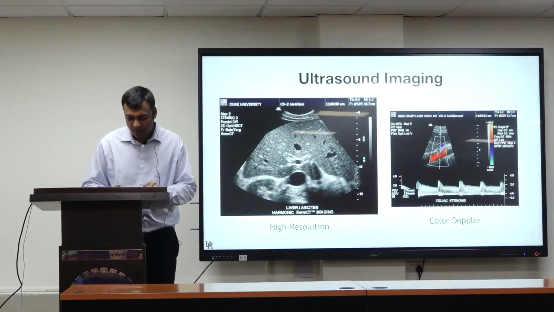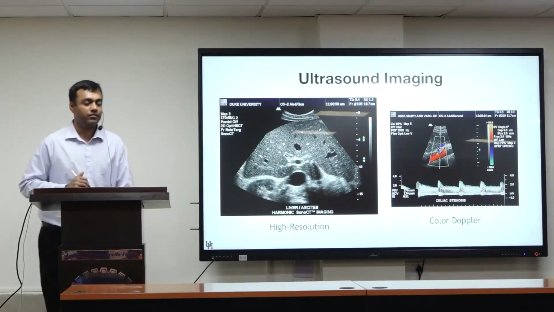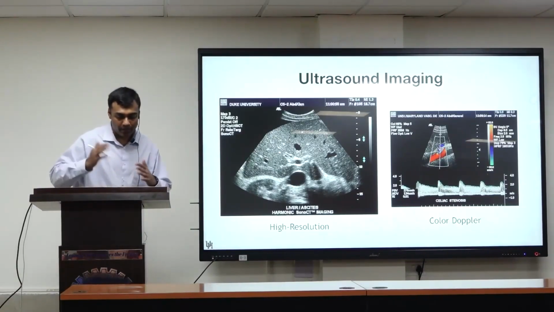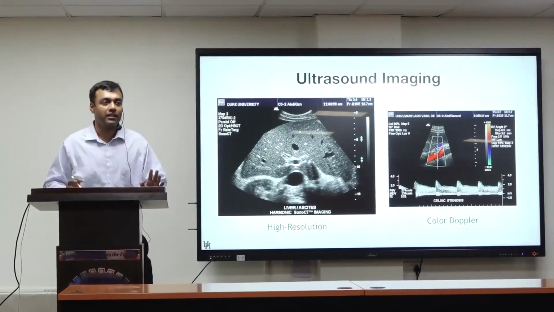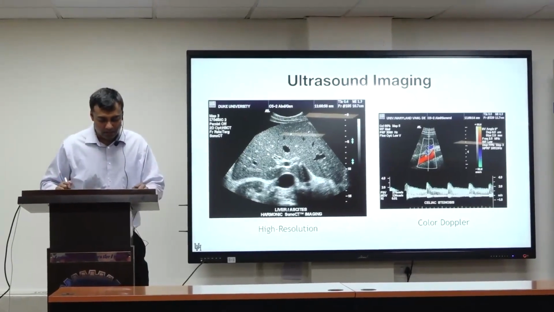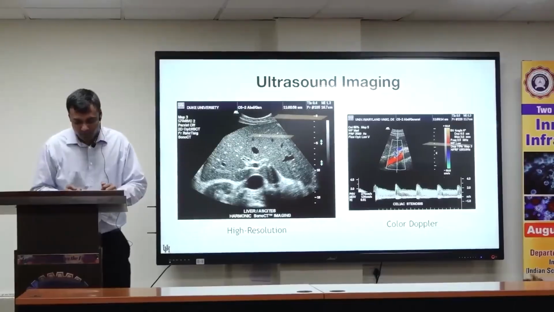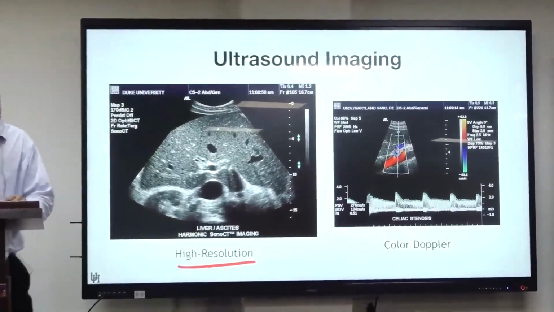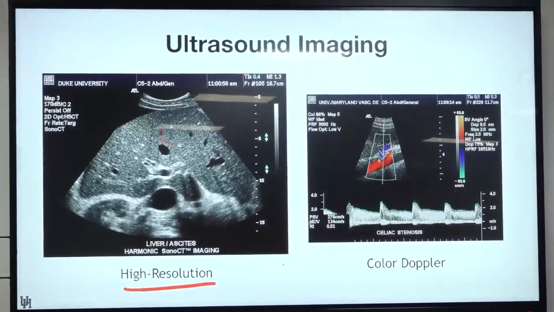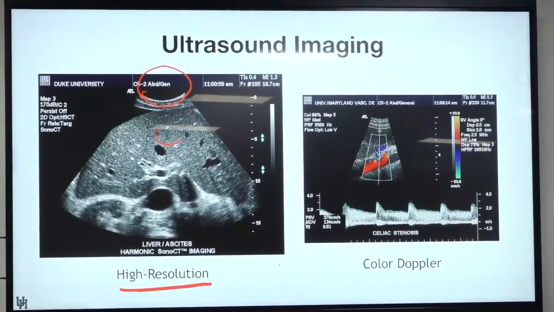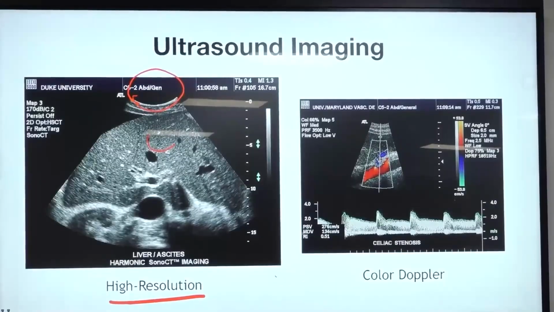We'll get back to the details of what speckle is and how it can be used in the context of light in a different lecture. So this is a high resolution image, the kind of image you get from ultrasound. This is where the sensor and the source are.